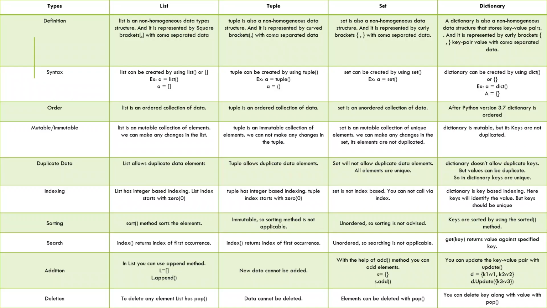These are the major differences in the collection data types, and it will be very useful from the interview perspective, and also from the learning perspective. When you are writing code, you can use them properly where it is possible.